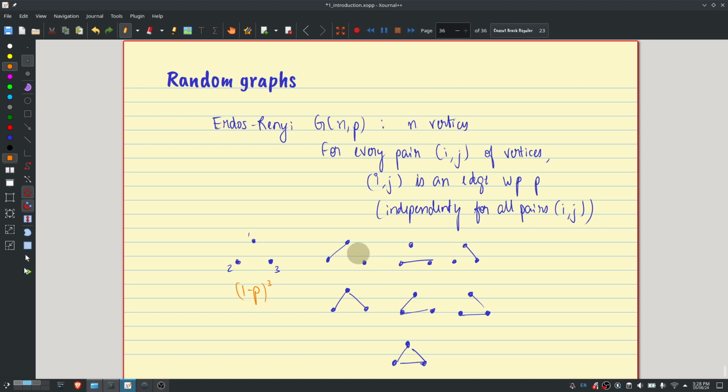In particular, what is the probability of this particular graph being picked? p into 1 minus p the whole square. So each of these has probability p into 1 minus p the whole square. And each of these, what is the probability of occurrence? p square into 1 minus p. And what is the probability that this gets picked? p cube. All right. Great.